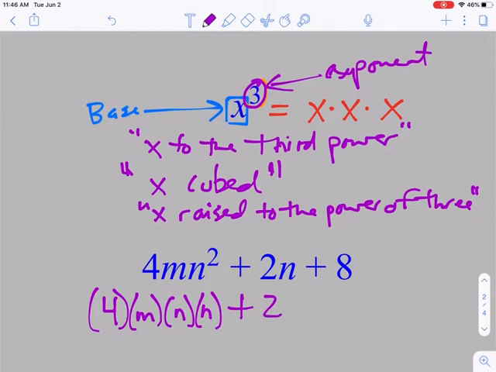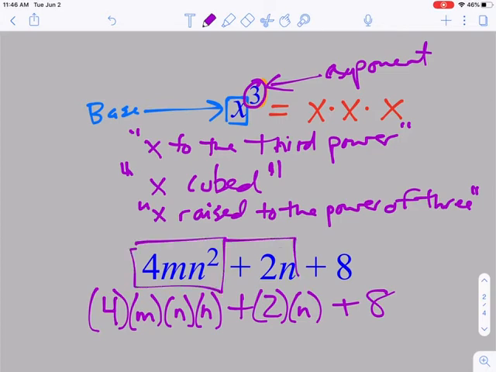I'm adding that to 2, which is being multiplied by n, and then we're adding that to 8. Each of these is still obviously its own term, right? That's a term, this is a term, and this is a term. And you see how, even though these are operators, the operators belong to the term just to the left of them, because they tell you whether they're positive or negative, usually.